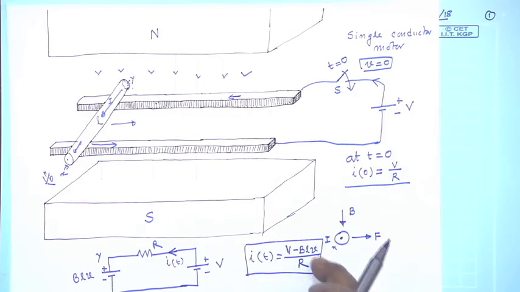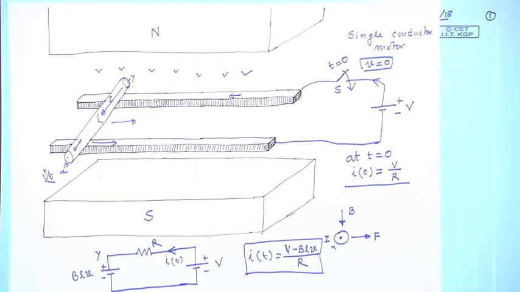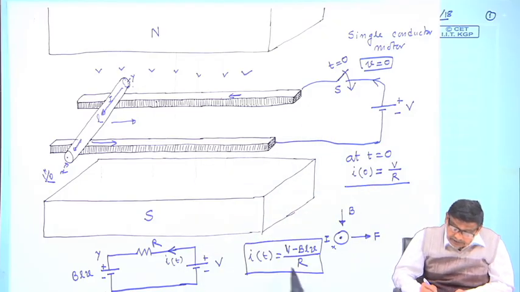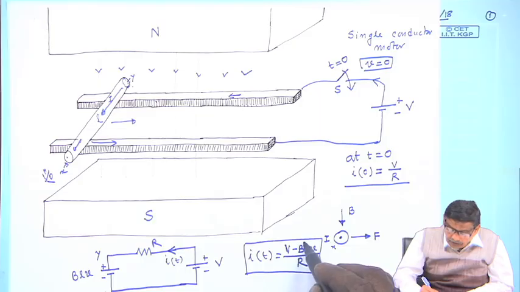I must know what v is as a function of time. So, the current flowing in the circuit is V minus B L v, divided by R. This is sometimes called back EMF.